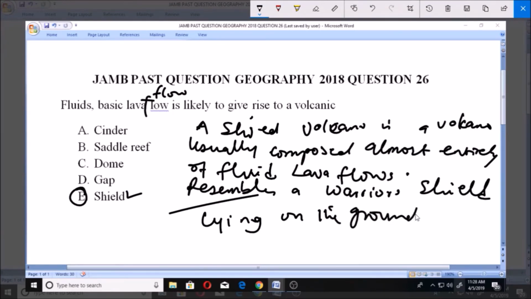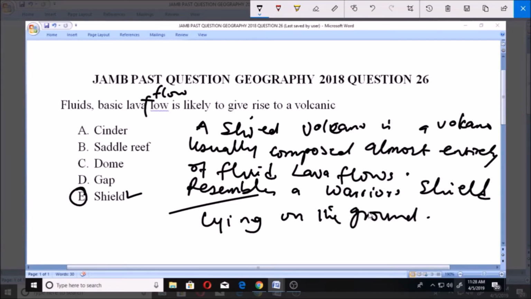Now, this is caused by the fluid lava traveling down the volcano, resulting in a steady accumulation of broad sheets of lava, building up a shield volcano.